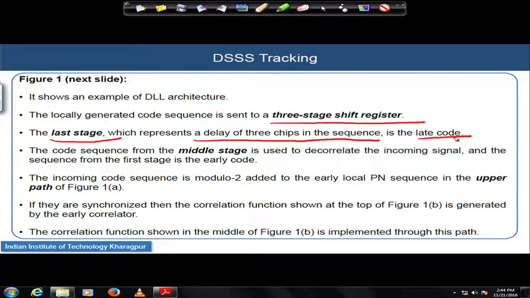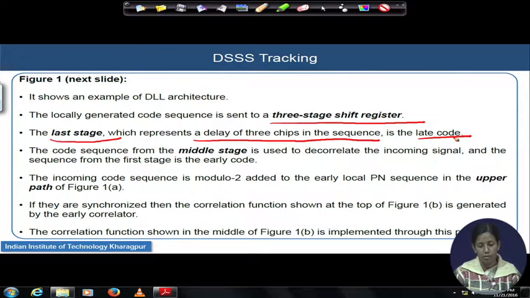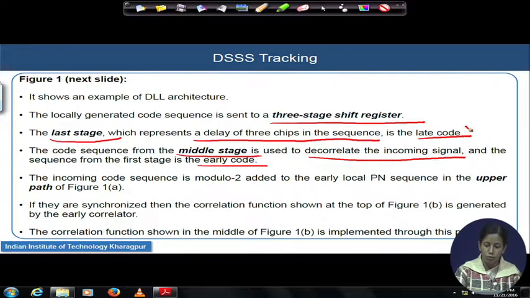With respect to the first one, it has a delay of 3. The middle one is used to decorrelate the incoming signal, and the first stage output is called the early code. So, we have 3 codes: one is the late code, second is the early code, and the middle one is actually the correct code, I should say.